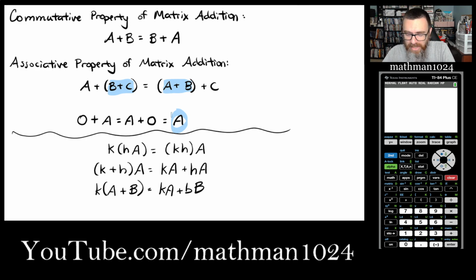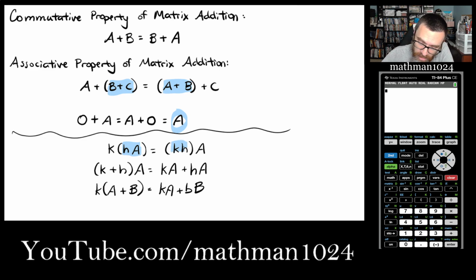Now, if we have scalar multiples here, so we're using K and H for the scalars, it doesn't matter the order in which you do the operation. If I want to do H times A first, and then multiply times K, I can.